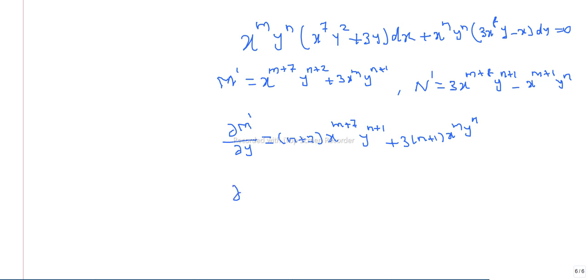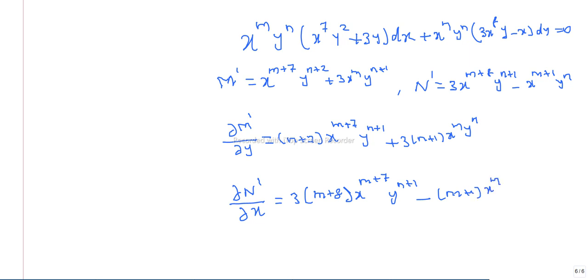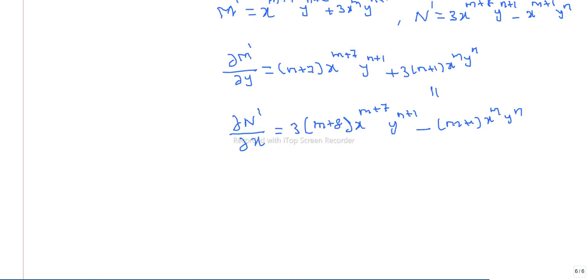Now dou N dash by dou x: 3 times (m plus 8) x power m plus 7 into y power n plus 1, minus (m plus 1) into x power m y power n. These two are equal. Now compare the coefficients. We have n plus 2 equal to 3 times (m plus 8), and the second: 3 times (n plus 1) should be equal to minus (m plus 1).